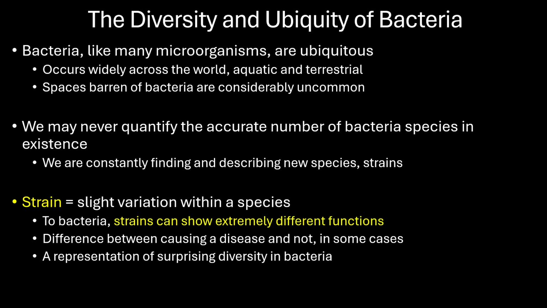We're constantly discovering new species. We're realizing continuously that these groups are more diverse than we previously thought, which is really impressive. We're constantly discovering new species and also new strains of existing species, right? Distinct variations of a species, okay?